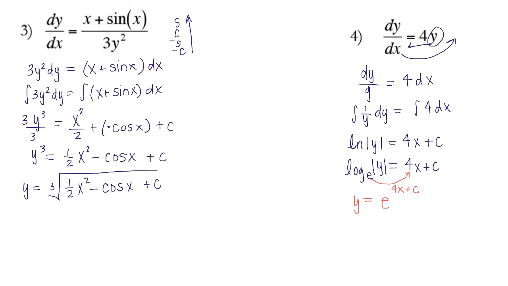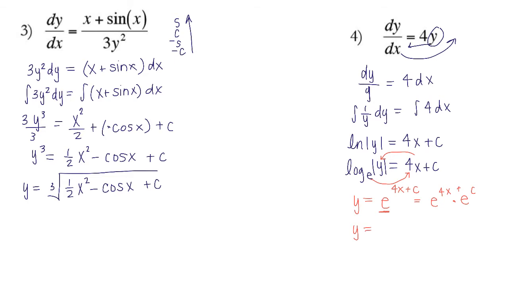Now notice all of that is equal to y. e is always positive, 2.71828, and so on. So it's always positive, so we don't have to worry about our absolute value anymore. To simplify this, we need to keep in mind this is e to the 4x times e raised to the c power, because if I multiply with like bases, I would have added those exponents.